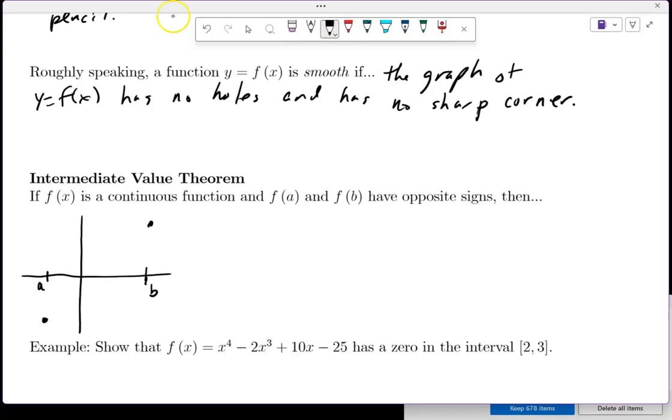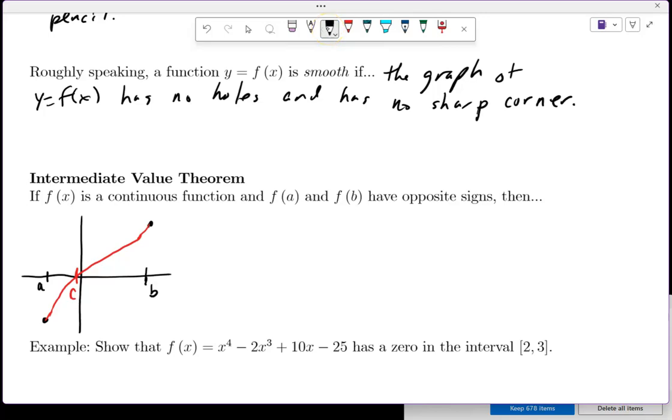If it's going to be continuous and I'm going to connect the dot at A to the dot at B, what am I going to have to do somewhere in the middle? Relative to the x-axis, what am I going to have to do? Cross it, right? Somewhere I've got to cross it. Does it tell me where necessarily? It just says that I have to, okay?